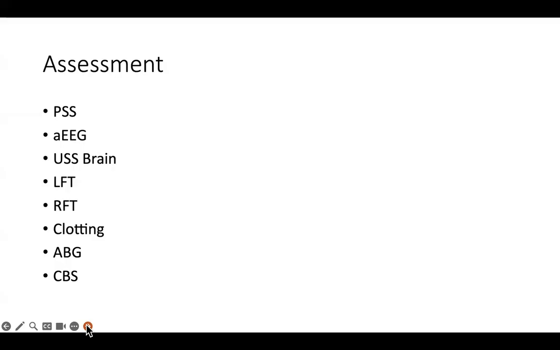Initial assessment is vital. Once we recognize that this baby is having hypoxia, ischemia, encephalopathy, that means there is a baby who was depressed at birth, needed resuscitation, the cord gases showed acidosis, and the baby's Apgar score is low, and then you assessed clinically.